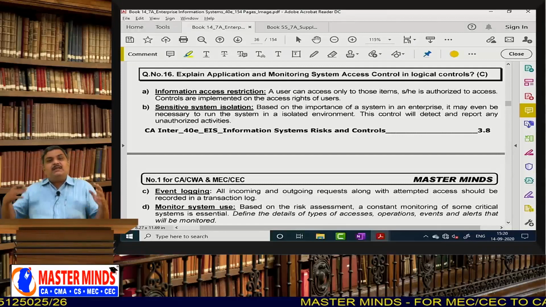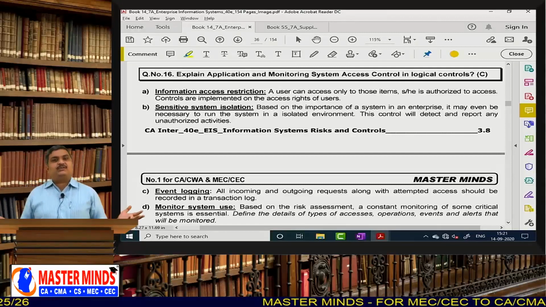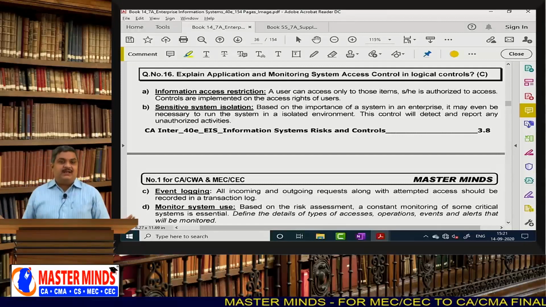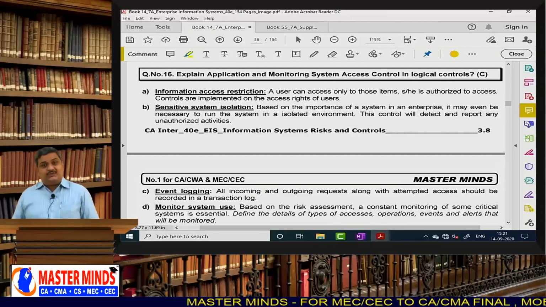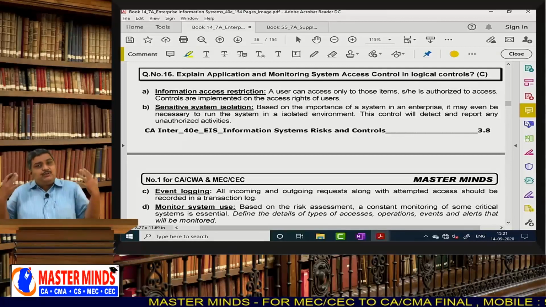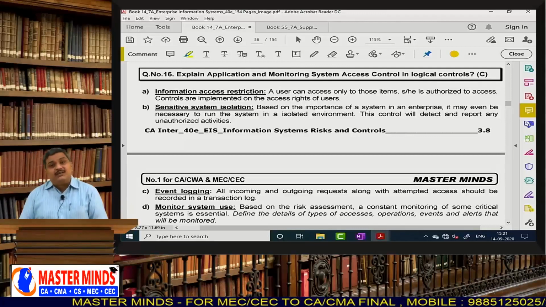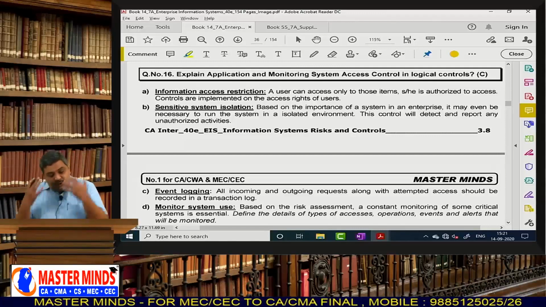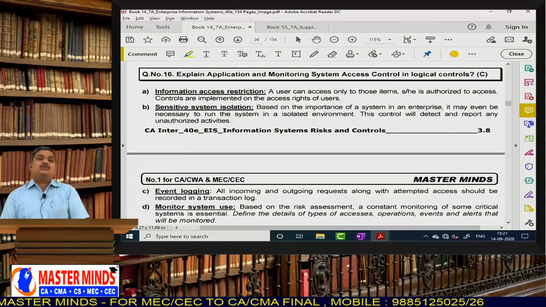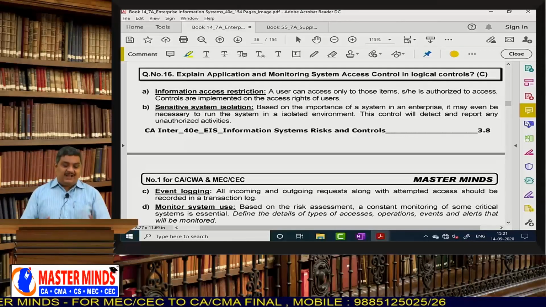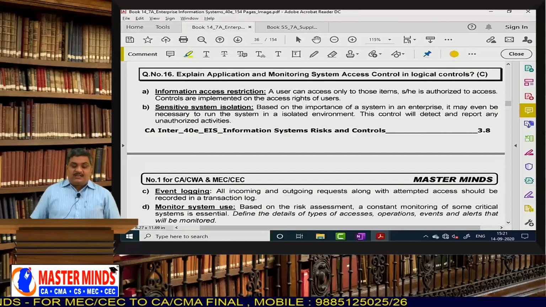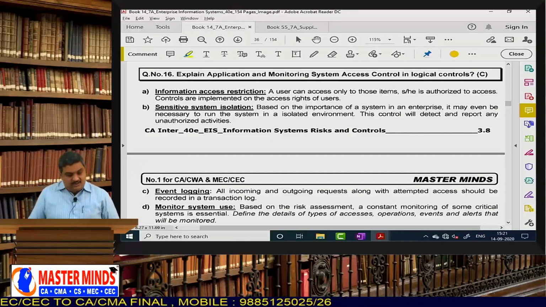See, there will be many applications in our information system, many softwares. So who is opening? How much time is he using that application? What is he doing with that application? All these things we need to keep an eye on. So, explain application and monitoring system access control in logical controls.